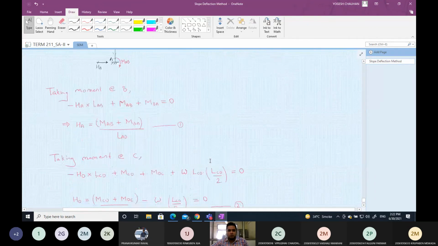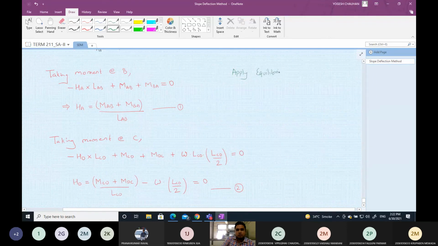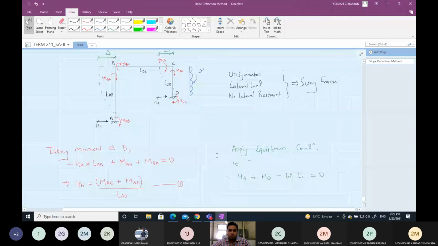So now we can apply the equilibrium condition, that is summation of horizontal forces equals to 0. Therefore HA plus HD minus W into LCD equal to 0, because this UDL is acting from right to left, so it is negative.